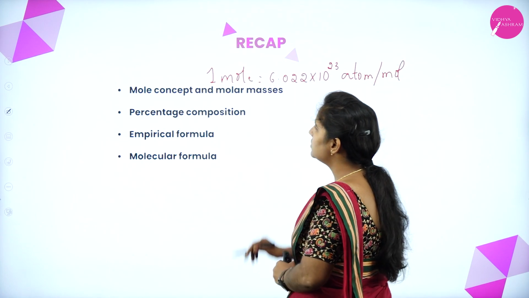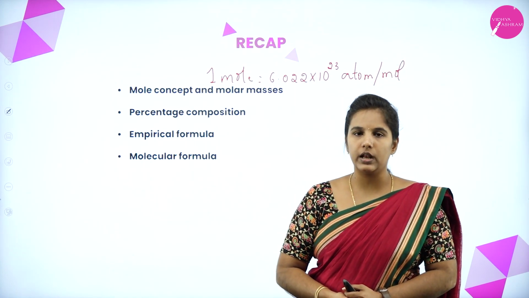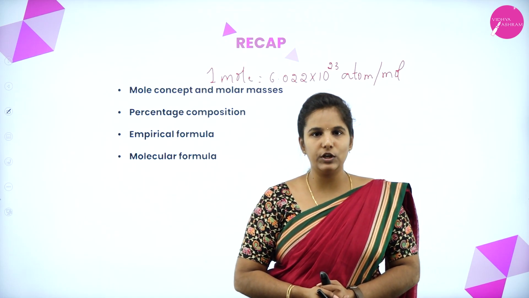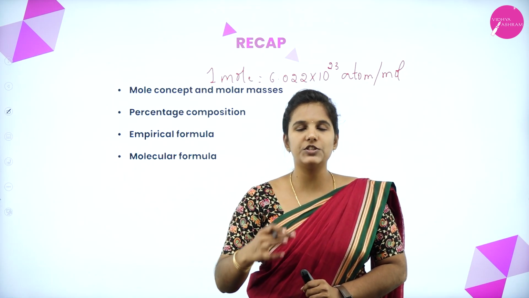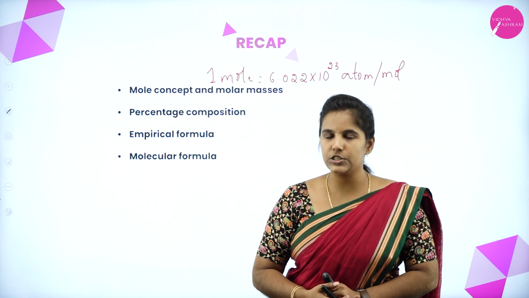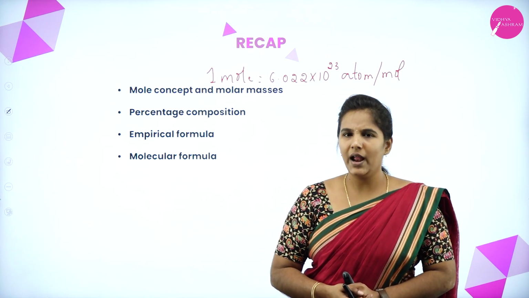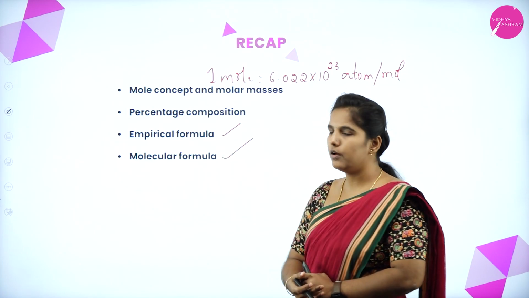Right? And we have also discussed the percentage composition. So if any compound is given to you, you can clearly say how many elements are present in which composition by using the percentage composition formula. And we also discussed the empirical and molecular formula.